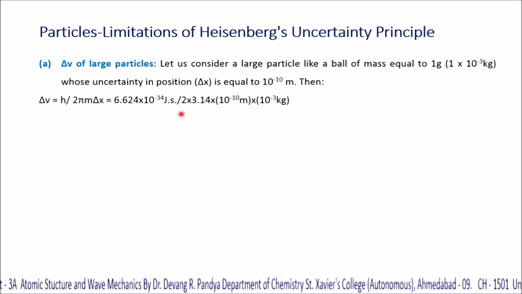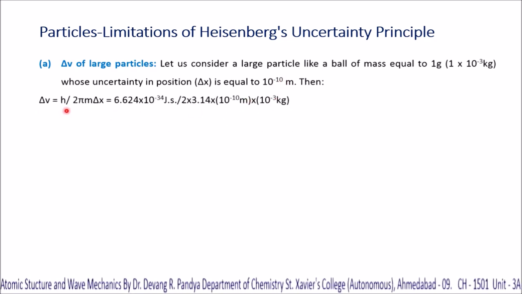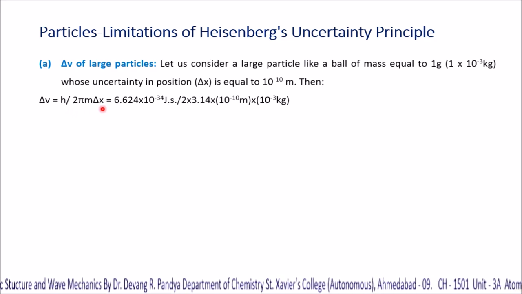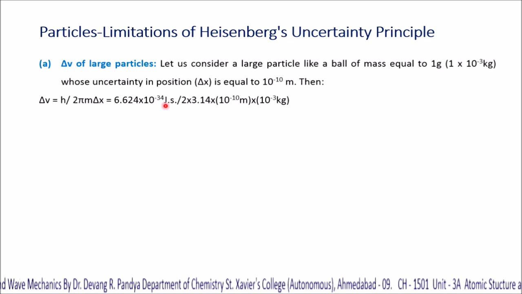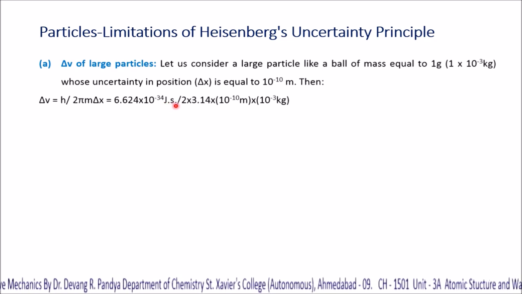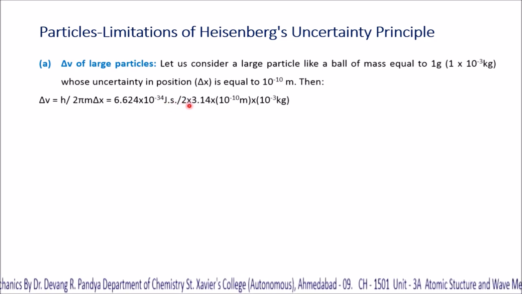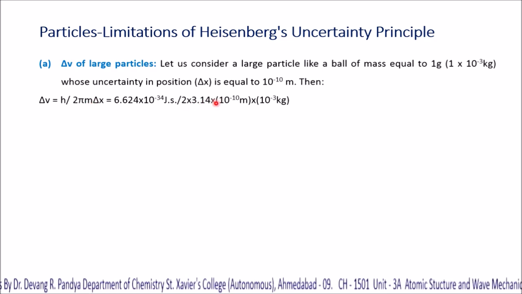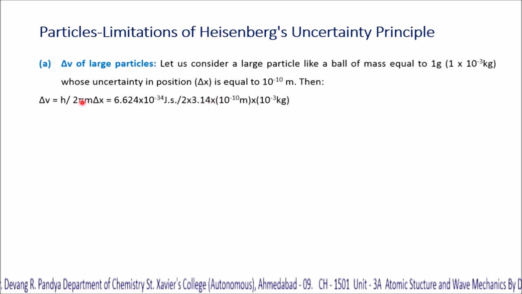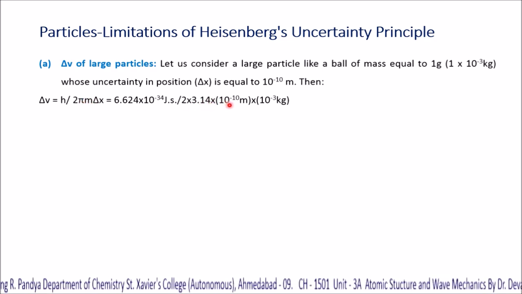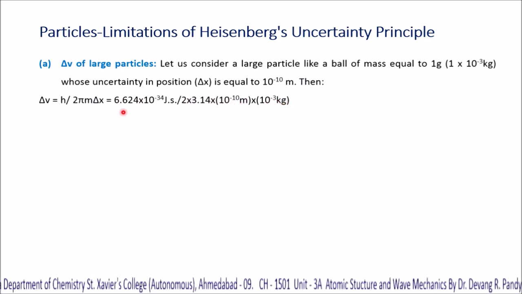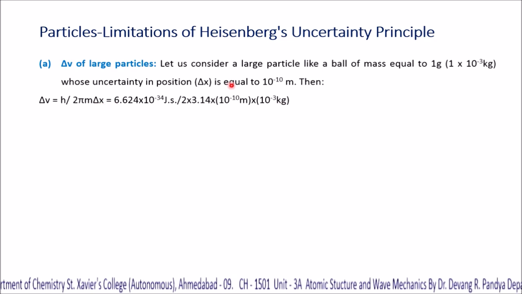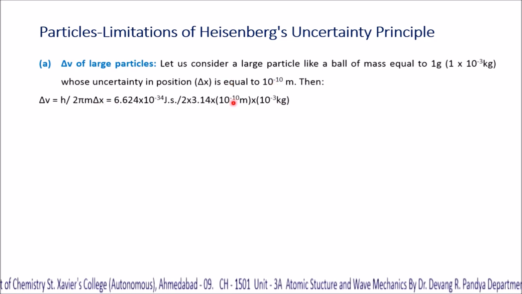Then delta v is equal to h upon 2 pi m delta x, which is 6.624 into 10 raised to minus 34 joule second divided by 2 into pi value, that is 3.14, into m, that is 10 raised to minus 3 kilogram, and uncertainty delta x which is given as 10 raised to minus 10 m.